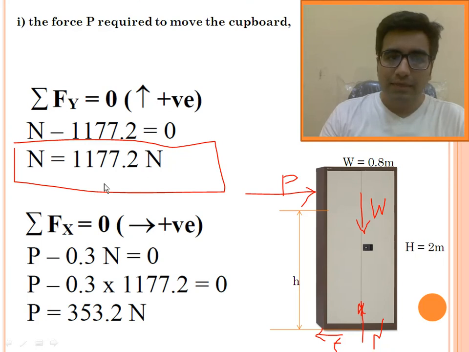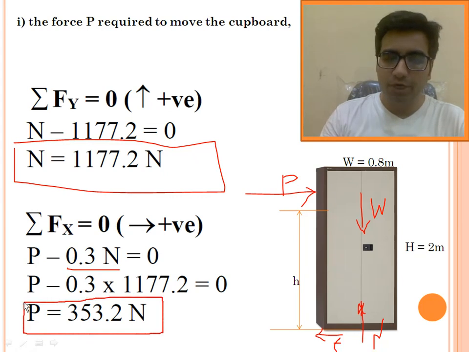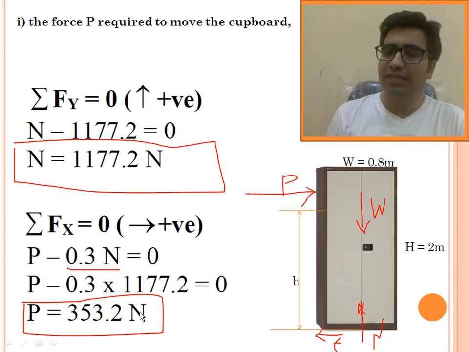So P minus 0.3 N equals zero, where 0.3 into N is the frictional force. So the value of force P is 353.2 Newton. When we apply a force P of 353.2 Newton, the cupboard slides in the right direction. Is that okay, my dear friend?